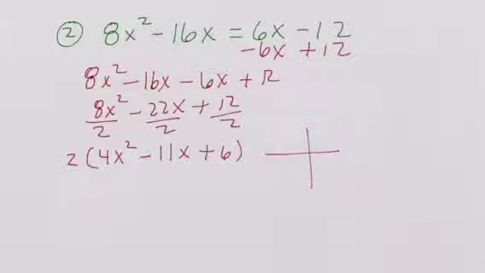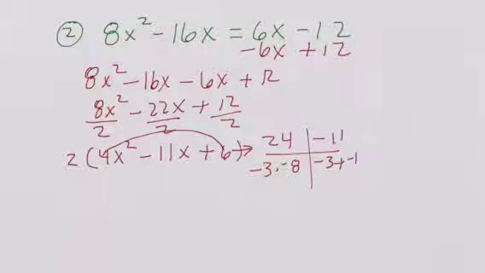Now we're going to go ahead and bounce what's inside the parentheses. So 4 times 6 slides over into 24 and negative 11. Negative 3 times negative 8 gives us positive 24, and negative 3 plus negative 8 gives us negative 11. So we're going to go ahead and put our 2 down in our answer and continue factoring what's inside the parentheses.